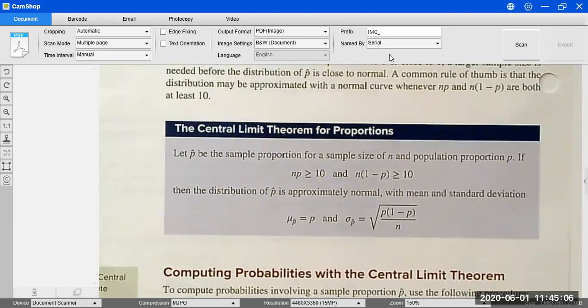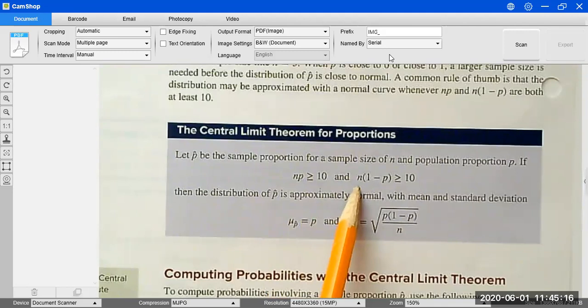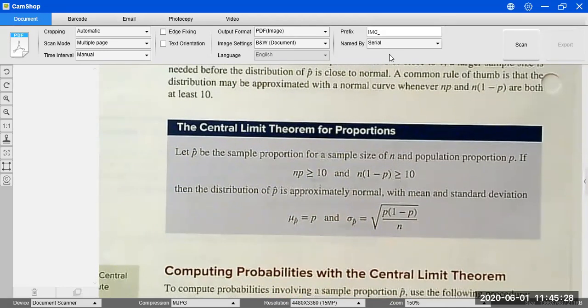The first one is that the size of the sample times the proportion of the population is going to be greater or equal to 10, and also the product of n times 1 minus p is going to be greater or equal to 10. If those conditions are satisfied, then we can use the normal distribution as our sampling distribution for proportions.